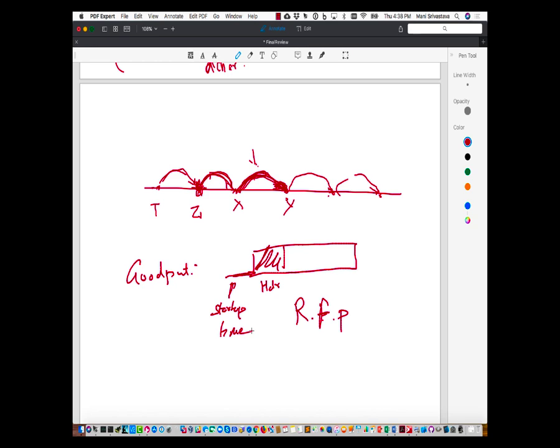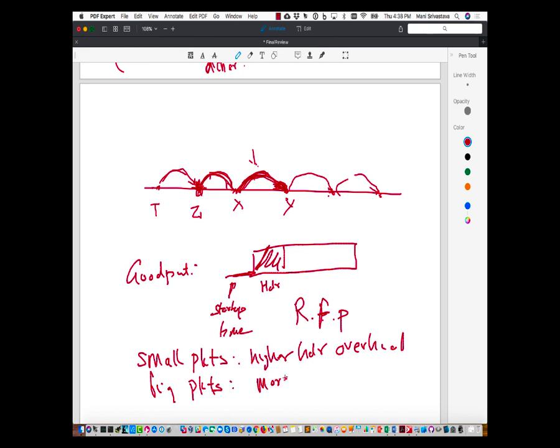So small packets more likely to collide or have error. And it's the tension between these two which plays out, because too small a packet is not good, too big a packet is not good. And your goal really is to maximize the information flow under these settings.